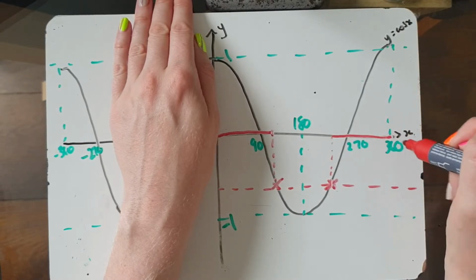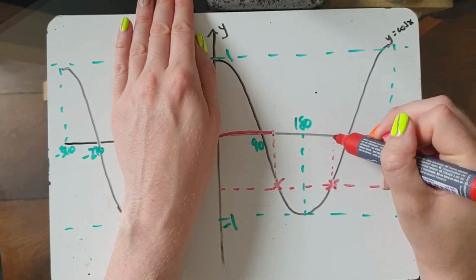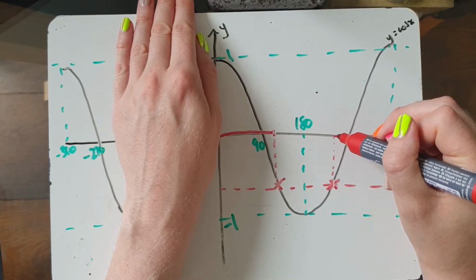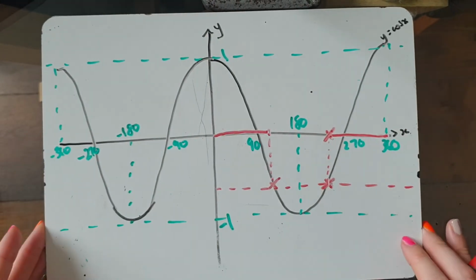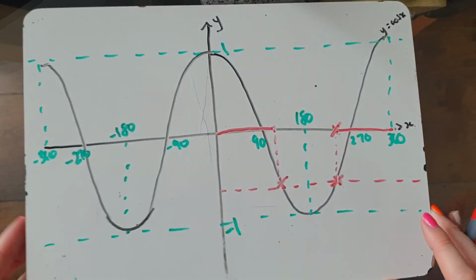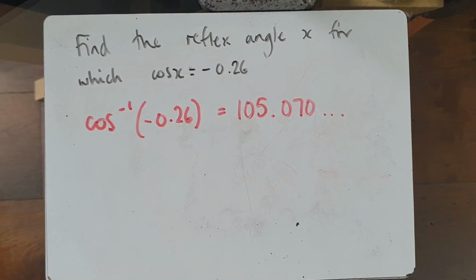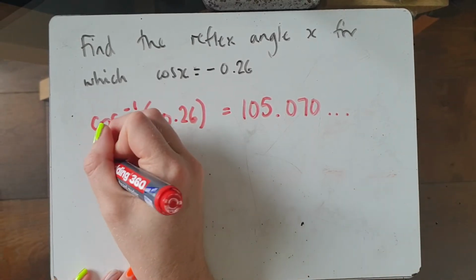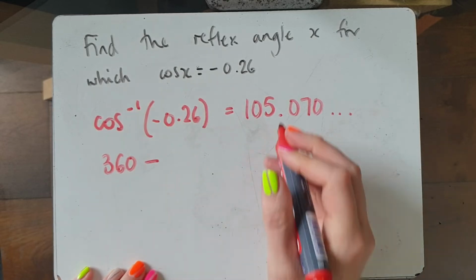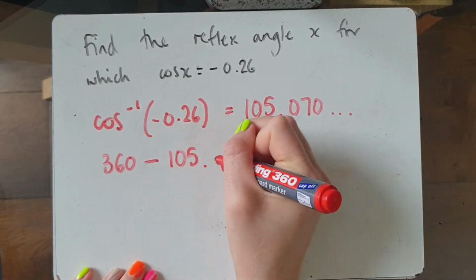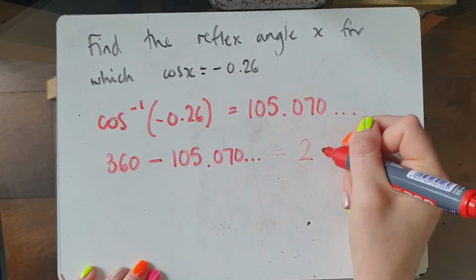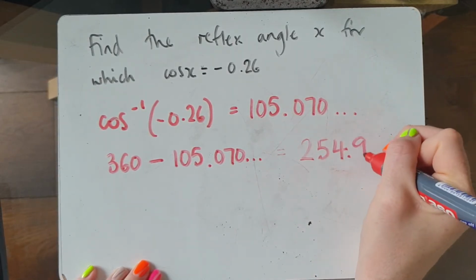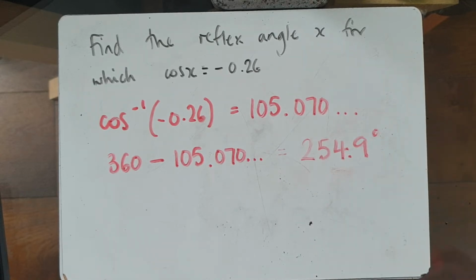So we can do 360 minus 105 point something, and that will give us this angle here, which will be reflex because it's between 180 and 360. So for cosine, we can just do 360 minus the angle that we've already found. And we get for this one 254.9 degrees to 1 decimal place.